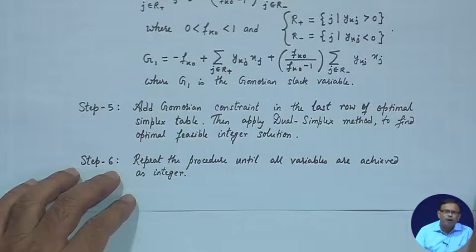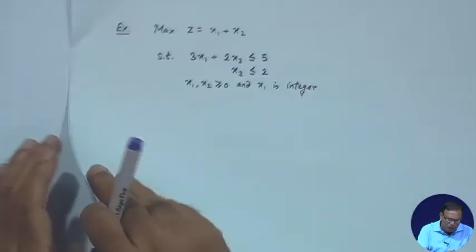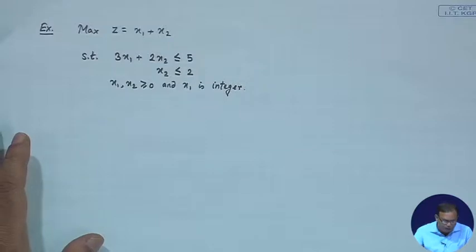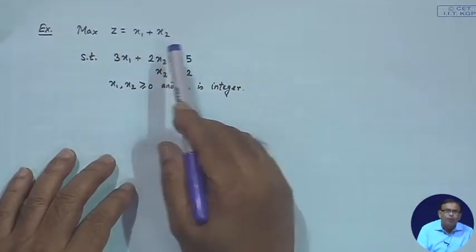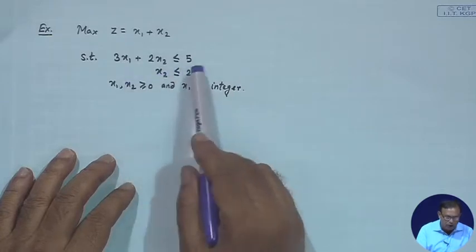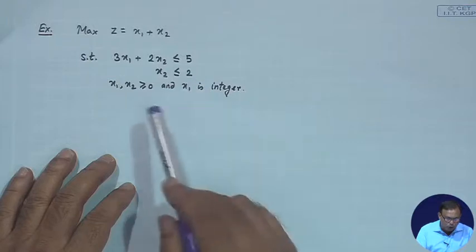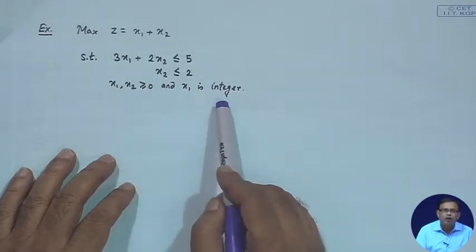So, now let us take one example and see how we solve this particular problem. Again I am taking a simple small problem. Maximize z equals x1 plus x2 subject to 3x1 plus 2x2 less than or equal to 5, x2 less than or equal to 2, x1, x2 greater than or equal to 0, x1 is an integer.